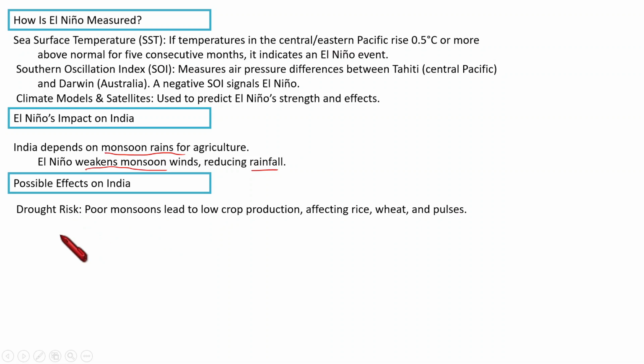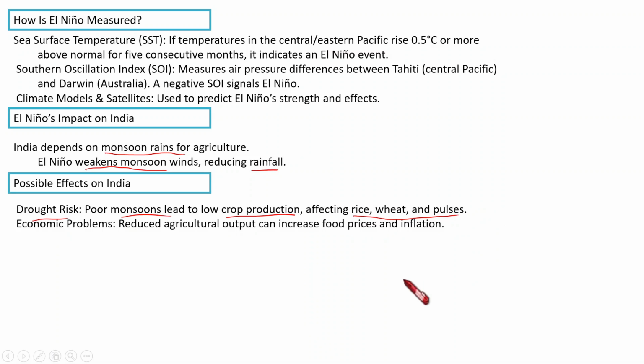So, what are the effects? Drought: a poor monsoon leads to low crop production, and it affects the production of rice, wheat, and pulses. Because of low agricultural output, food prices will increase, and it may lead to inflation. Then heat waves.